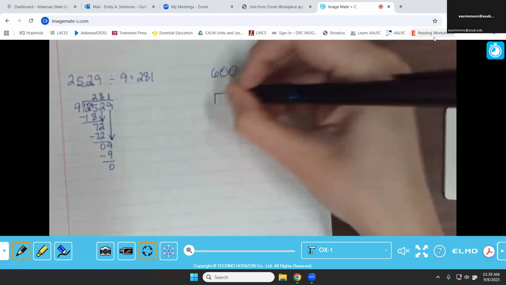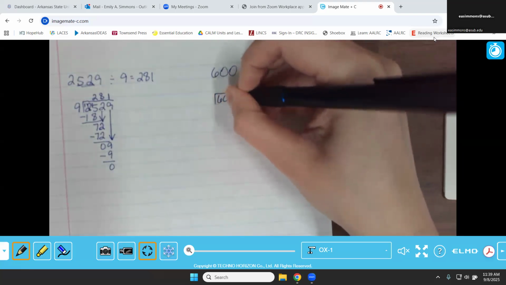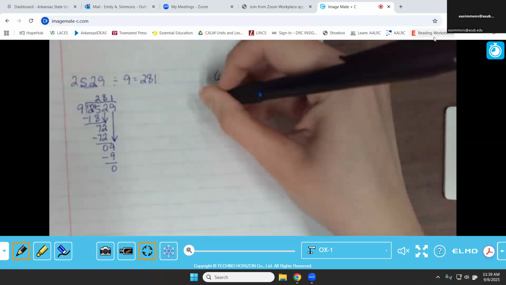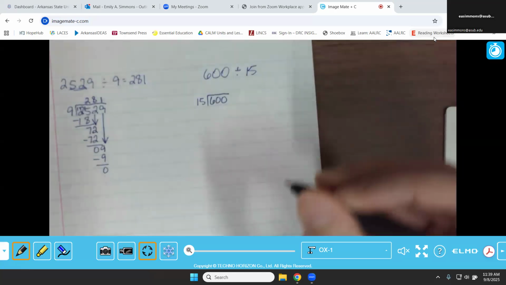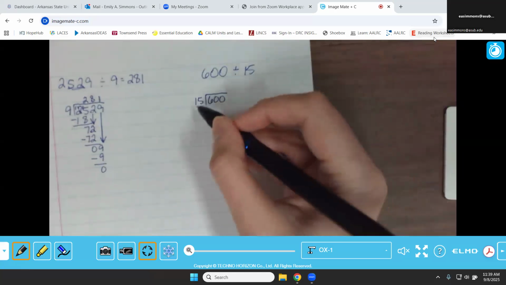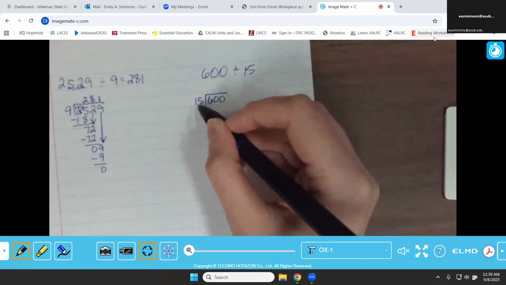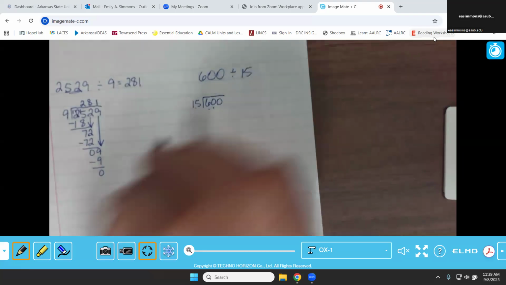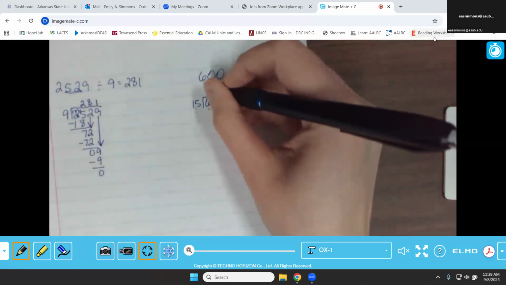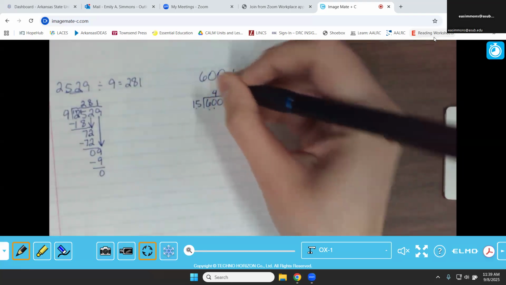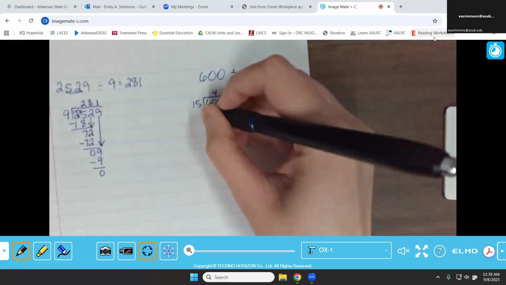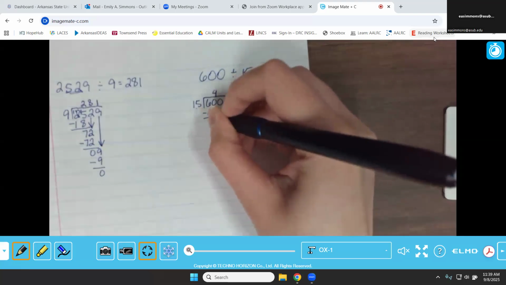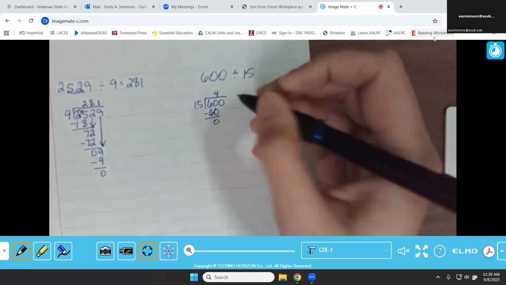My first number, my 600, is going in my long division sign, and then my 15 is going outside. 15 can't go into 6, but 15 can go into 60. And 15 goes into 60 4 times. 15 times 4 is 60. And we subtract and we get 0.